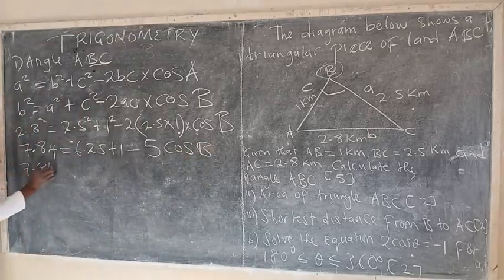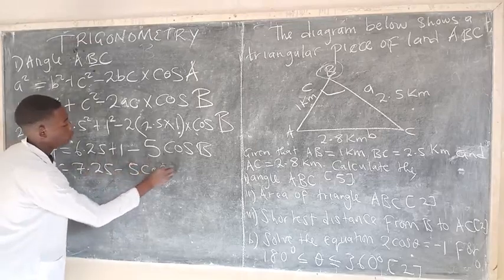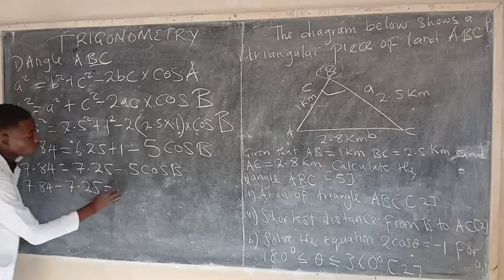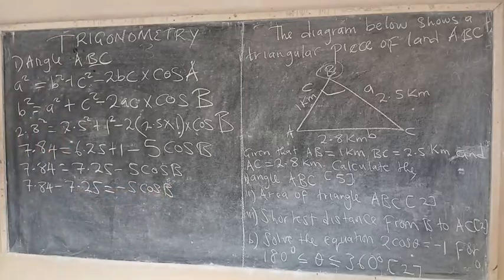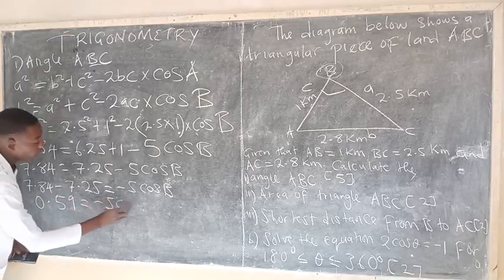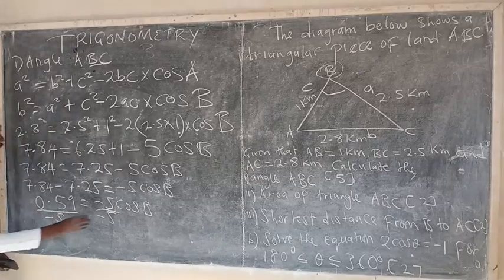We add these, so we have 7.84 should be equal to 7.25 minus 5 cos of B. Collecting the like terms, we have 7.84 minus 7.25 should be equal to negative 5 cos of B. When we subtract these, we have 0.59 should be equal to negative 5 cos of B. So we divide by negative 5 over negative 5.